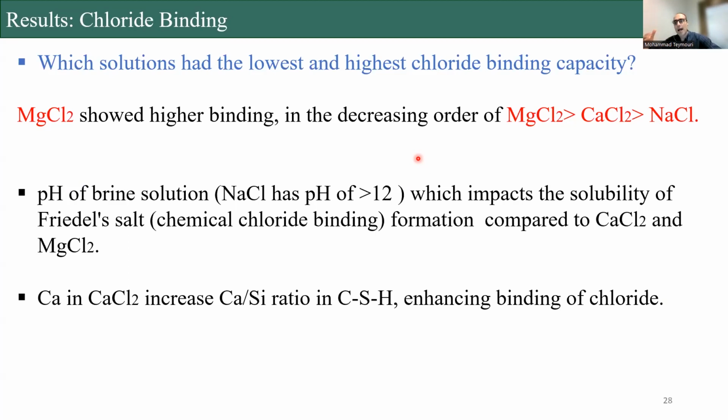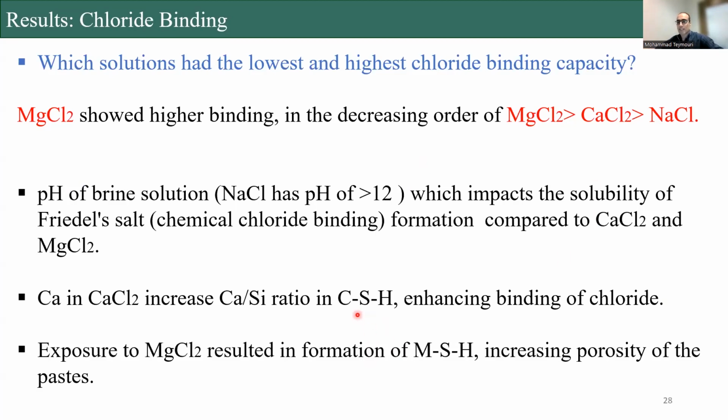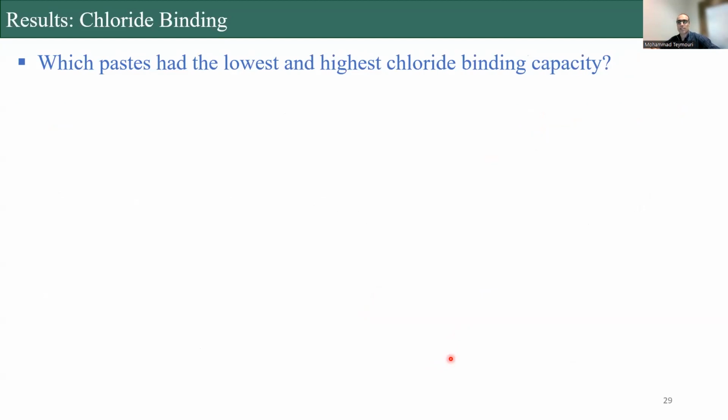They can impact the pH level of the system, and also they can impact the microstructure of the concrete that we have. Specifically for the magnesium chloride, we can see formation of brucite or MSH, which is very porous material on the top. So when we have more porous material, it means we have more penetration and also more binding.